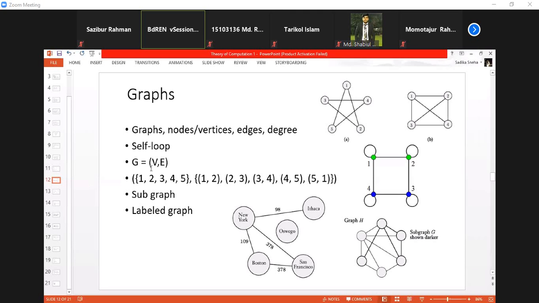Say I am placing this tower in Dhanmondi, and this tower in Uttara. This is in Gulshan, this is in Motijheel, and this is in Puran Dhaka. So I am placing the towers here, and I am finding out the distance between these towers.